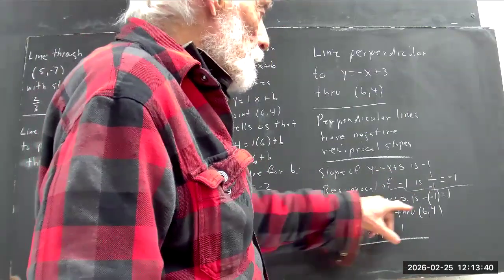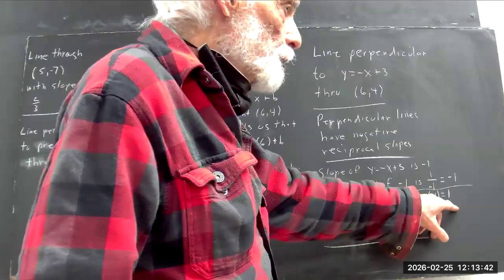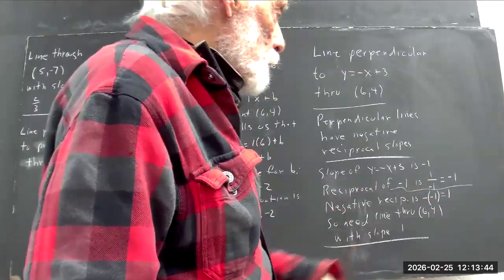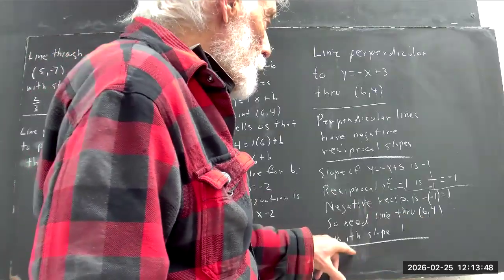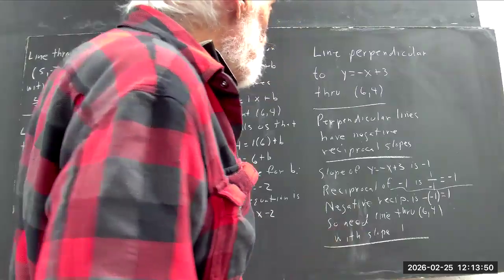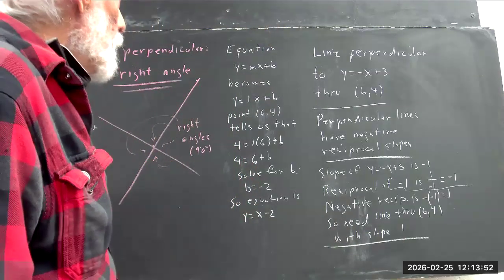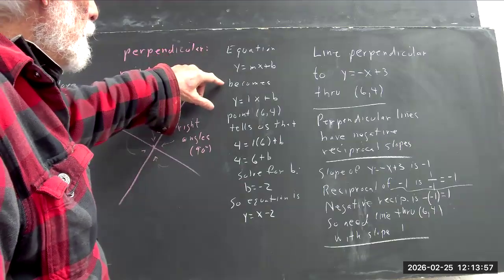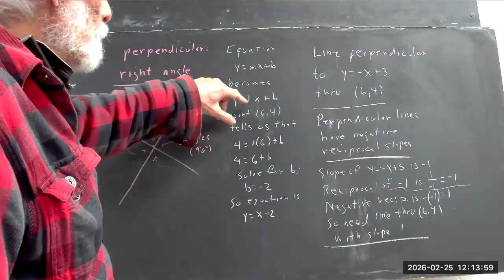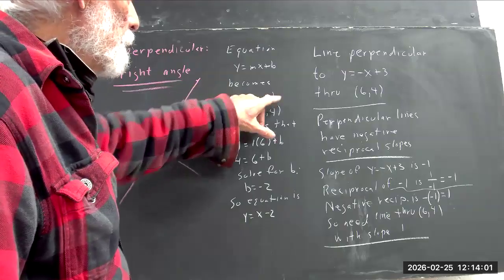A negative reciprocal is the negative of -1, which is 1. And that's the slope that we want. So we need a line through the point 6, 4, having slope 1. So our equation, y equals mx plus b, becomes y equals 1x plus b.